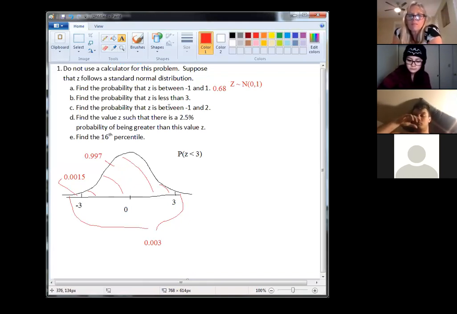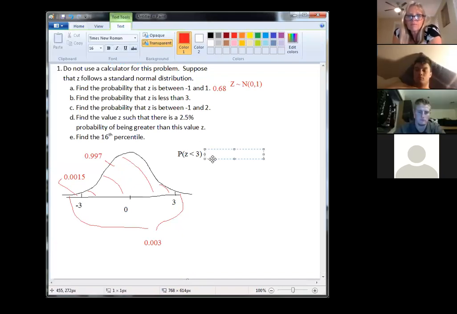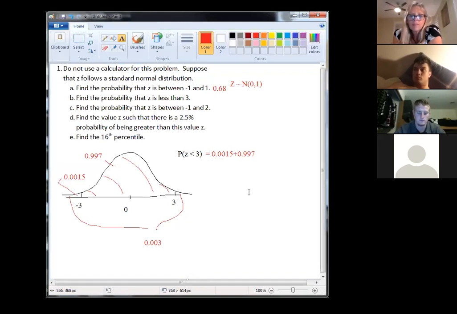So I want to find out the probability that Z is less than 3. So I can take that far left part and I can add it to that middle part, and that'll give you everything to the left of 3. So that is going to be equal to 0.0015 plus 0.997. And I'll let you do the arithmetic.